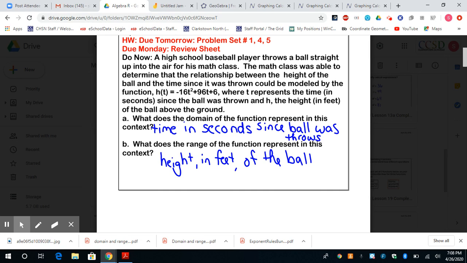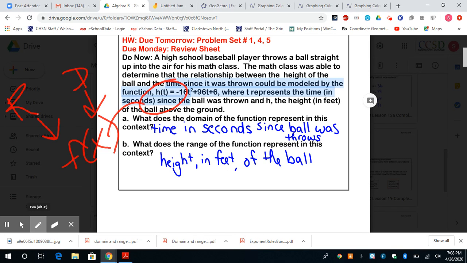It represents the height, okay? So again, referring back to our exponent rules and that kind of stuff. So with this here, that goes back to f of x, where this is our domain and f is our range. Okay, so if we input time, we can get out the height, or if we have the height, we can figure out the time.